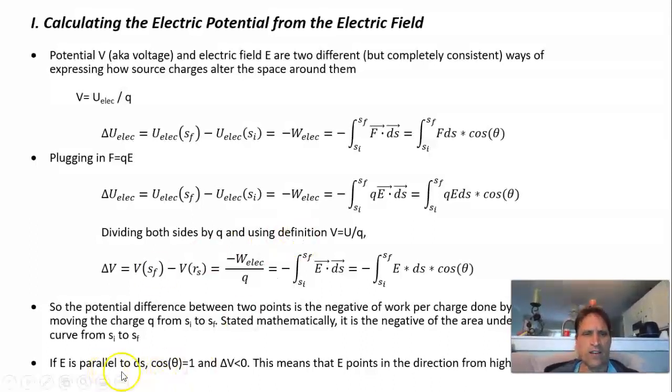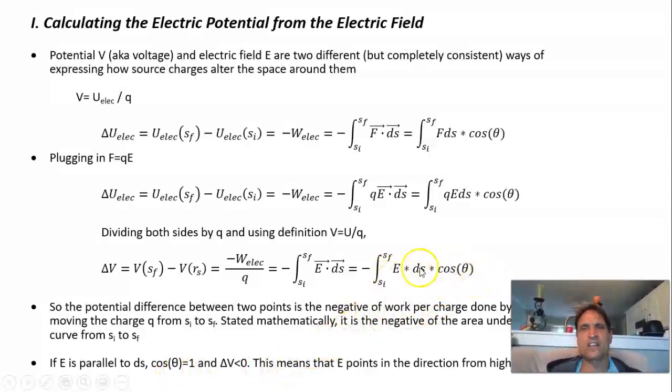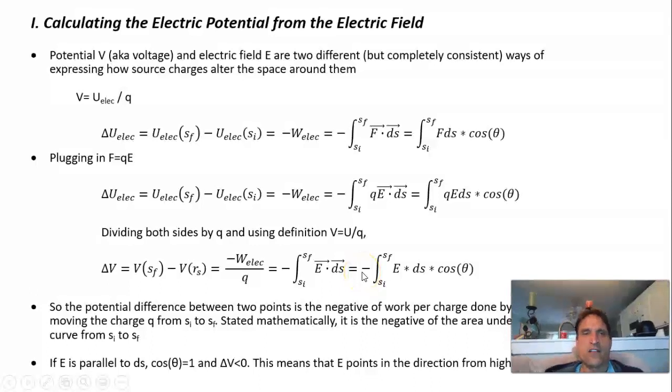If E is anti-parallel to ds, then cosine of theta is negative 1. Your area under the curve is negative. Negative times negative is positive. And so in other words, if a charge is moving in the opposite direction of the field, then the potential increases.